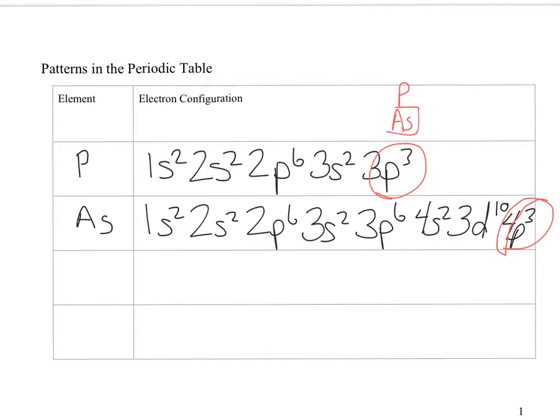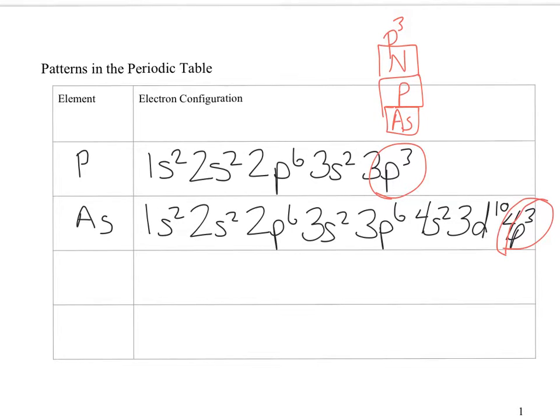If you look at what the third element in this group is, nitrogen, take a look at your homework, and you're going to see that nitrogen also ends in p3. So this is one pattern on the table: everything in the same column, or in the same family, will always end with the very same letter and superscript.